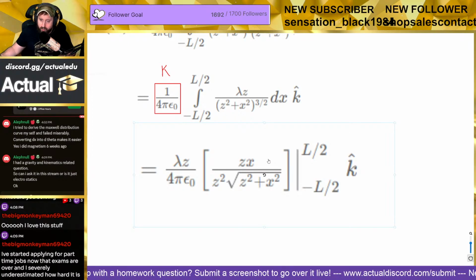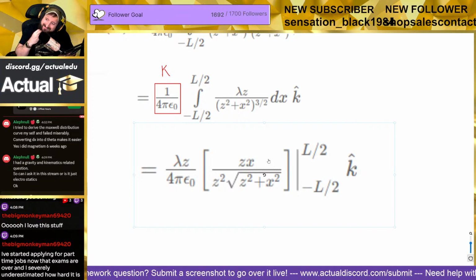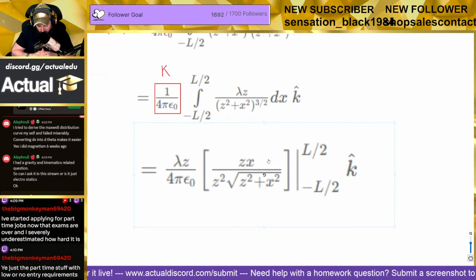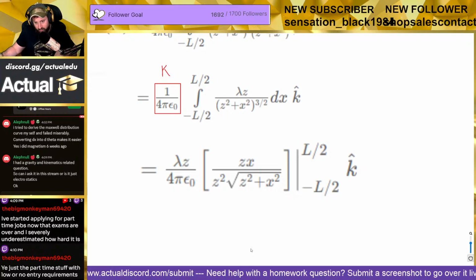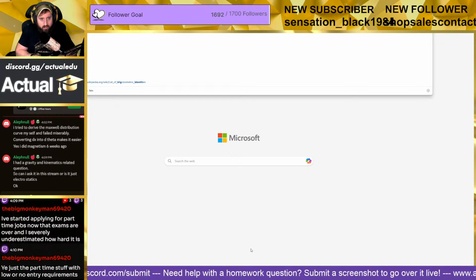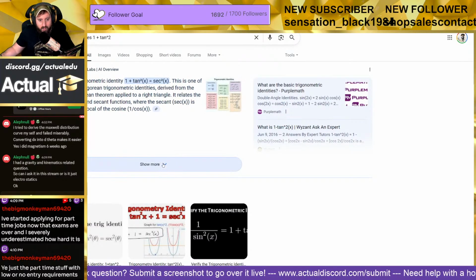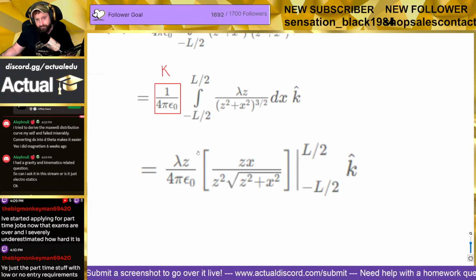I think there's a trig argument here. Isn't this 1 plus tangent squared is secant squared? Sorry, what's the trig identity? Yeah, 1 plus tangent squared is secant squared.